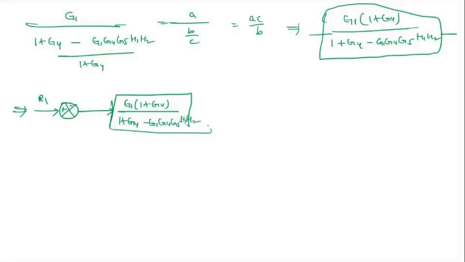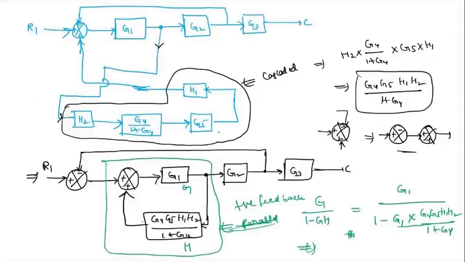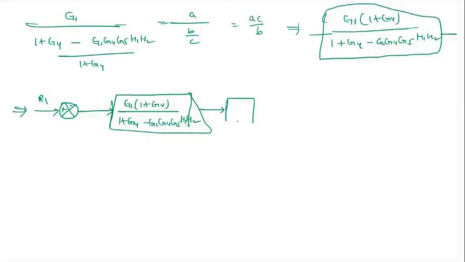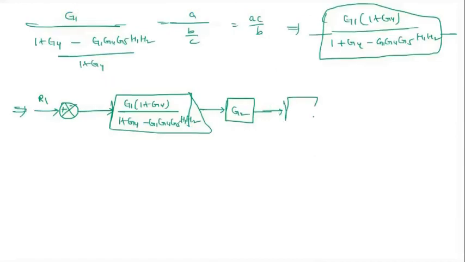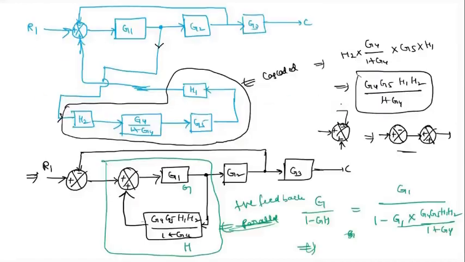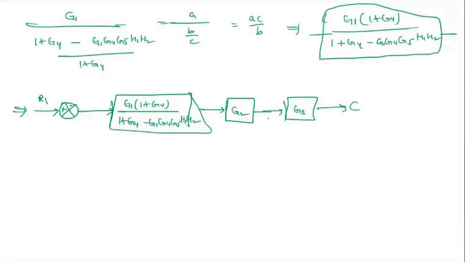So this is a block. Then after that, G2 is there, then after G3, finally C. In between G2 and G3, there is a branch point which is connected here. It's a negative feedback. What is the feedback value? H equals 1.